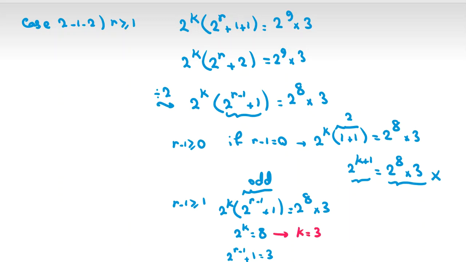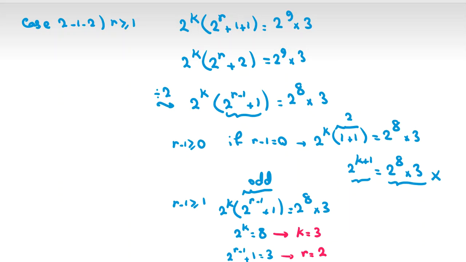K equal to 8 and 2 to the r minus 1 equal to 2. If you want to know, you subtract 1 from both sides and then r minus 1 will be 1. So r is 2.